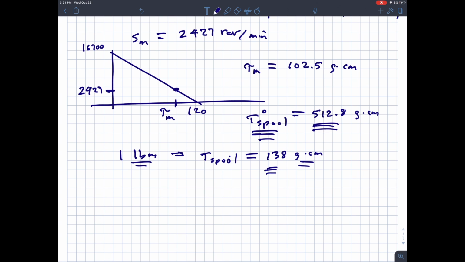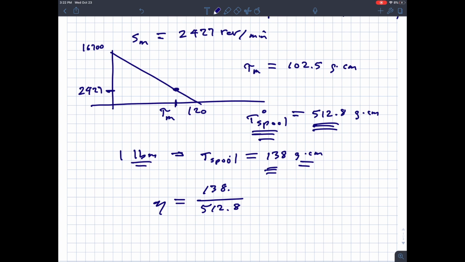So what's going on? Well, what's going on is we're losing torque at the gearbox because it's not a great gearbox. So there's an efficiency problem. All right, so the efficiency of your gearbox is going to be the actual torque that is needed divided by the theoretical number that the gearbox should have been able to produce.